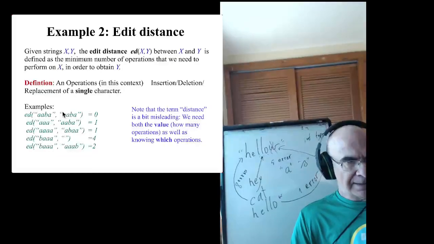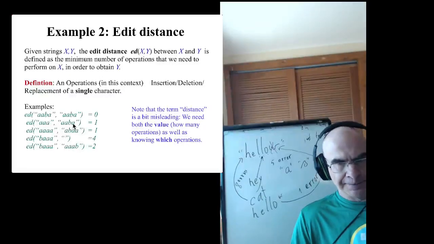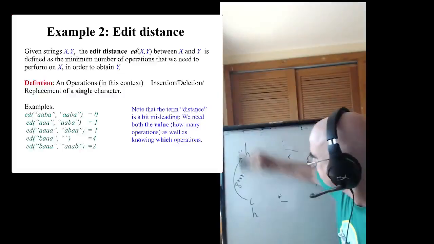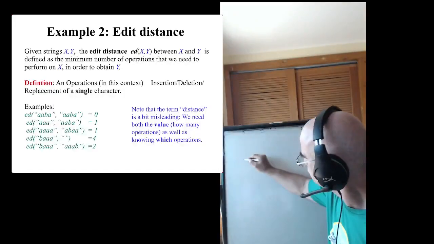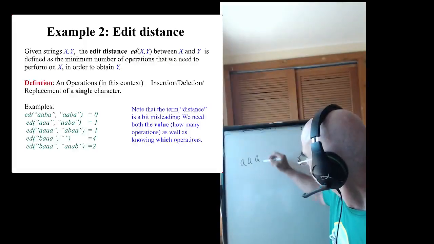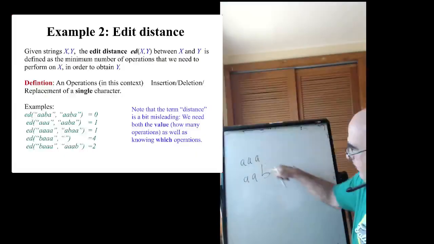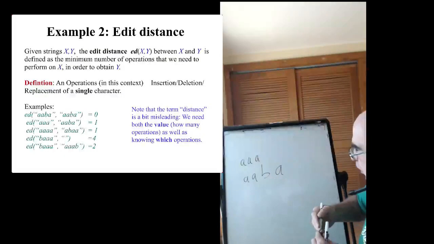Let's take another example. Which operations will take you from AAA into AABA? How can I get from AAA to AABA? Well, you can have different explanations that will do it.